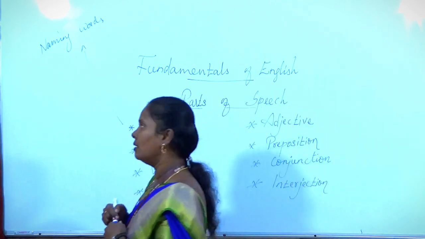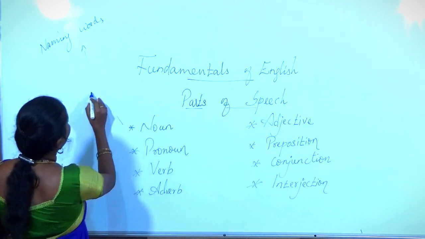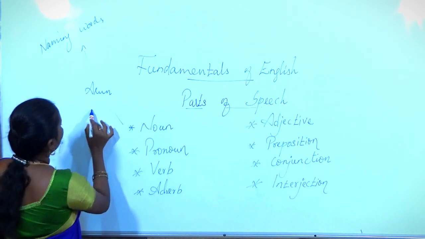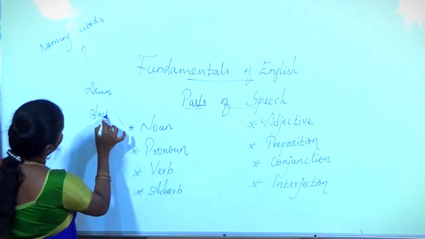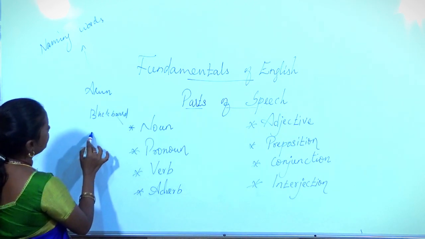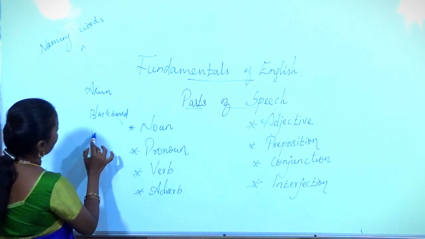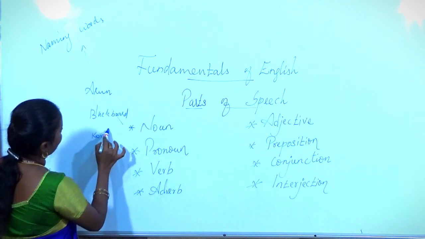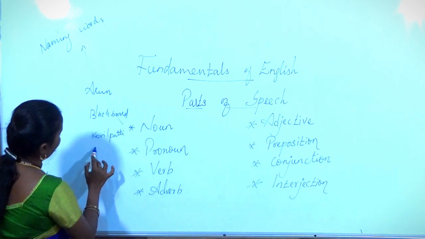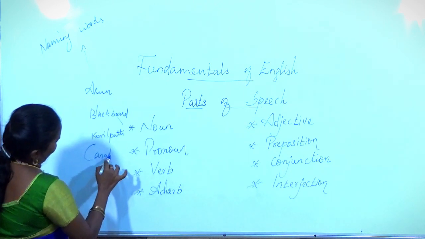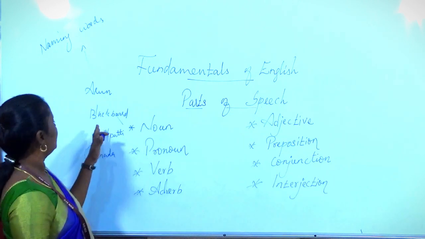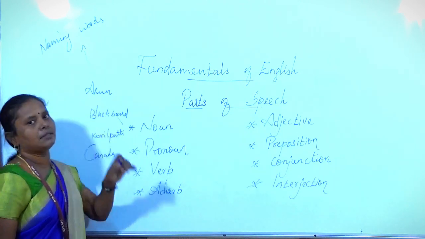For example, Arun, blackboard, Kovipati or Canada. These are the names of places, a thing and a person.